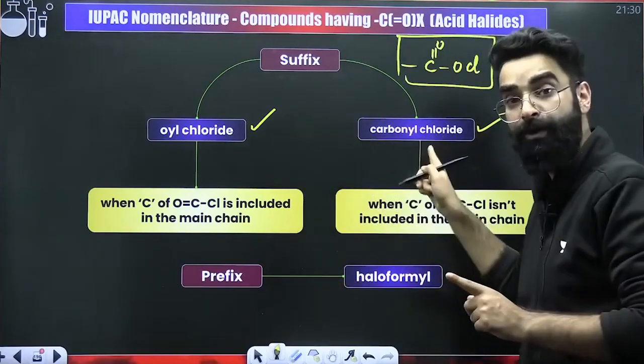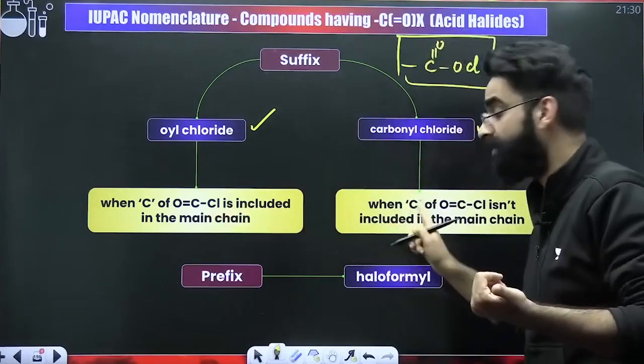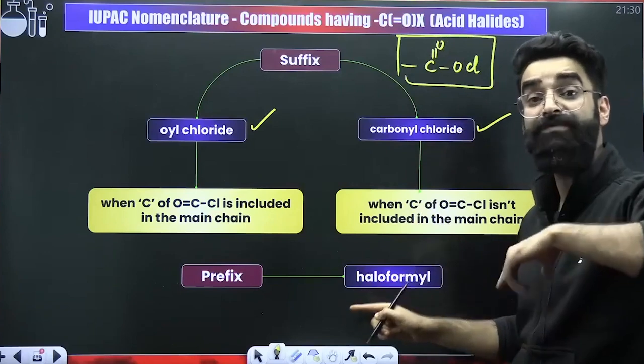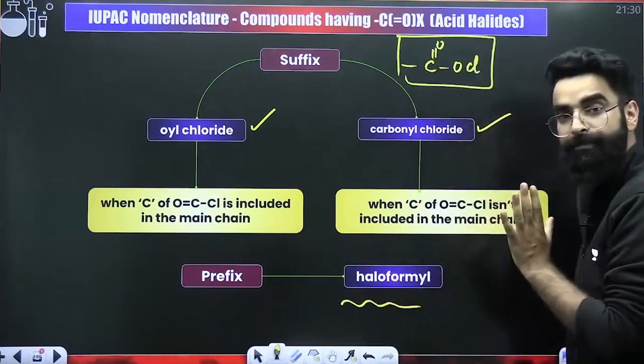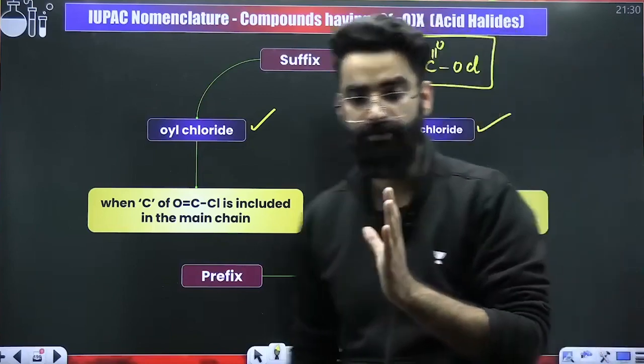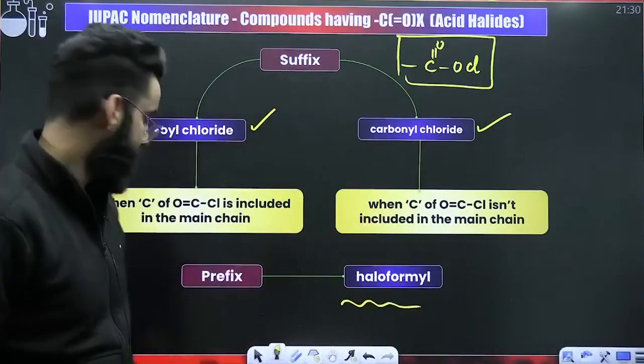Oyl chloride when the carbon of the functional group is included, carbonyl chloride when it is not included. And when we use it as a prefix, there you'll be using chloroformyl.